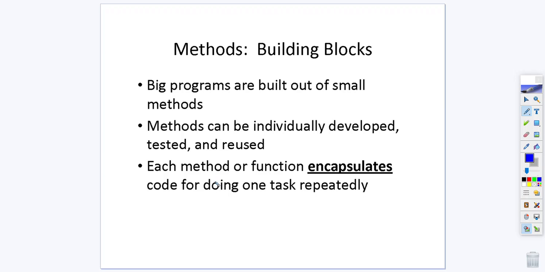For example, all those math methods we use, like math.sqrt, math.abs, you have never seen the code for those, yet you're still able to use them inside your programs. That's because the code is encapsulated, and you need to only know what parameters it requires and the return type in order to be able to use it. You don't have to know the details of the code itself.